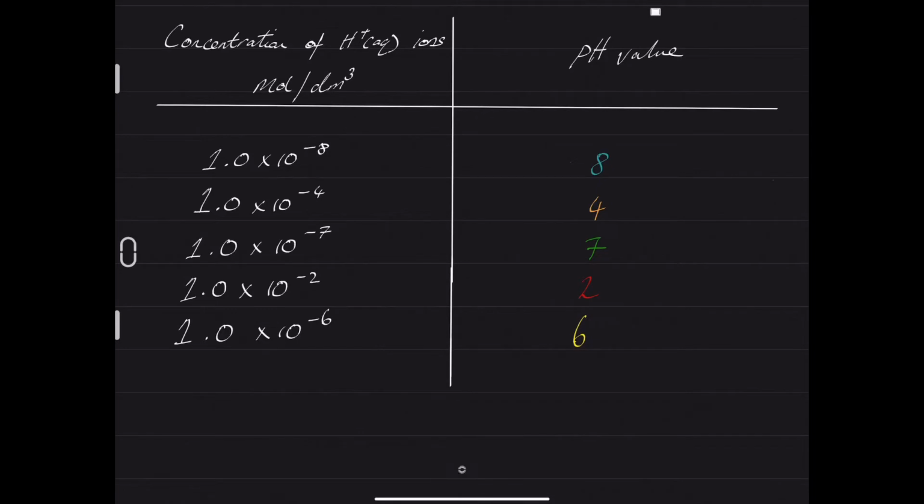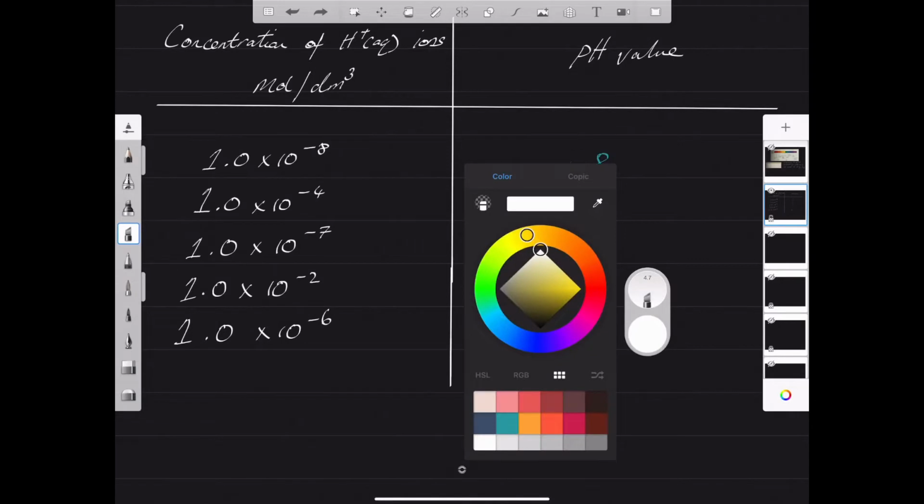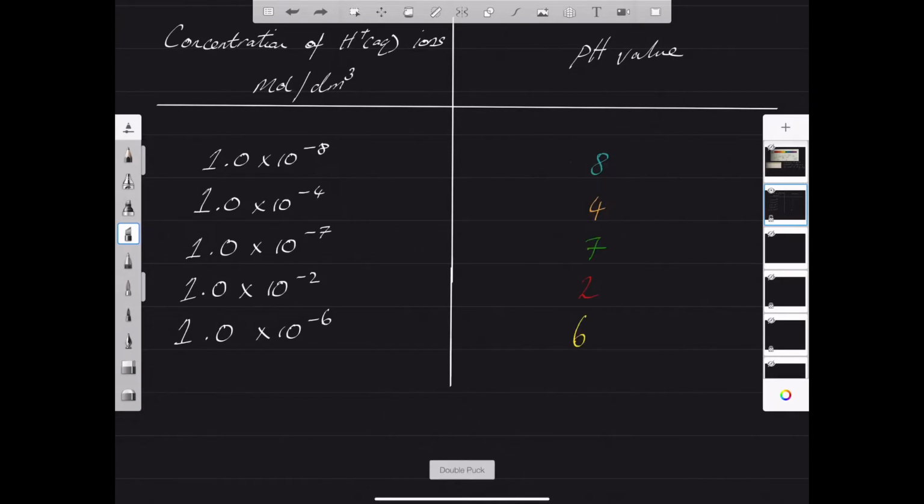that if you take the minus power value to which 10 is raised, it gives you the pH value. For example, let's put it in another color, it's not clear. Okay, let's take a color we haven't used. If you were to take 8, you can see it's pH 8.